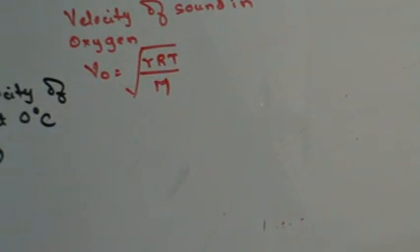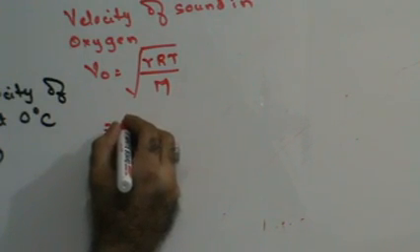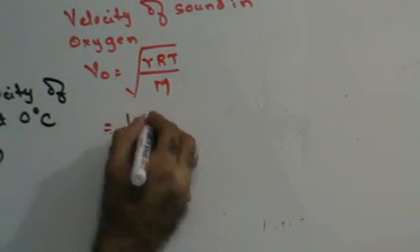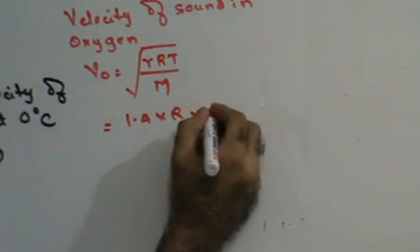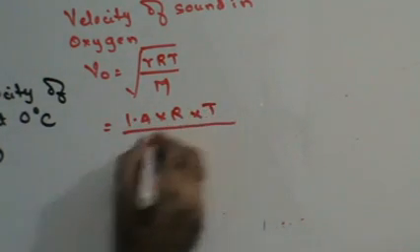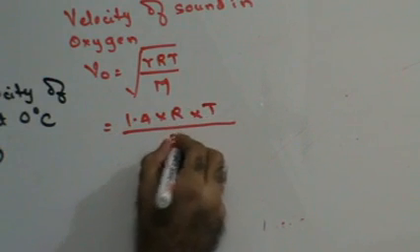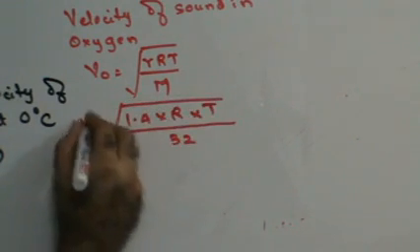Gamma for oxygen is 1.4, R is the gaseous constant, temperature for oxygen is not given, and molecular weight of oxygen is 32.